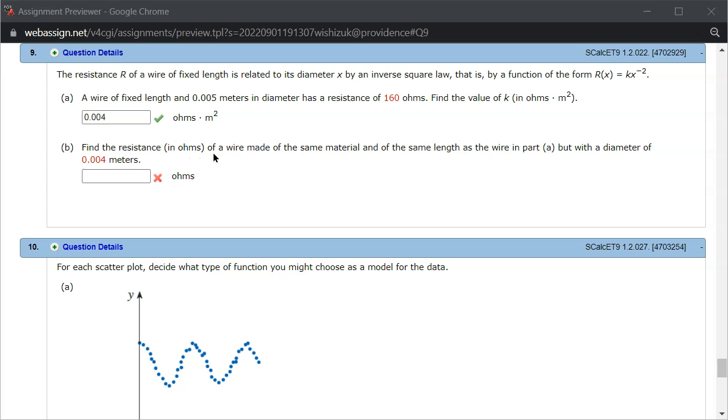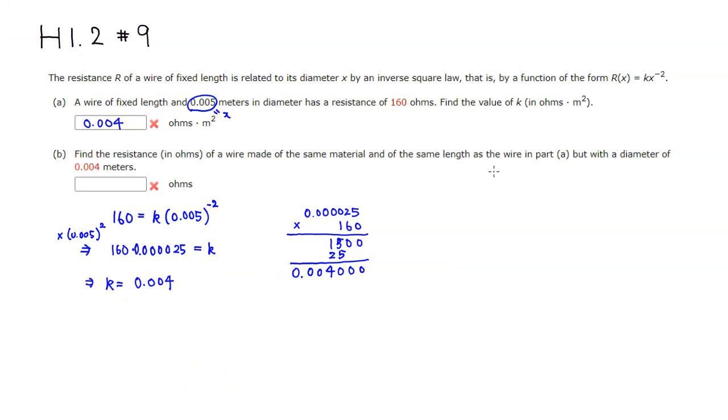Find the resistance of the wire of the same material and of the same length as part A, when the diameter is reduced to 0.004. So let's compute that. We need to compute R of X, where X for part B is 0.004.